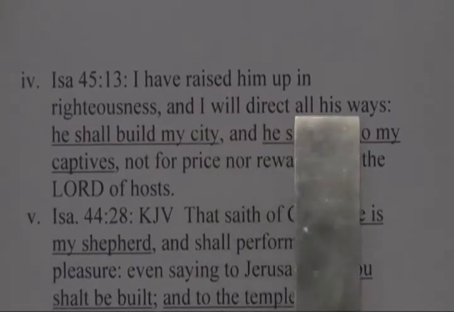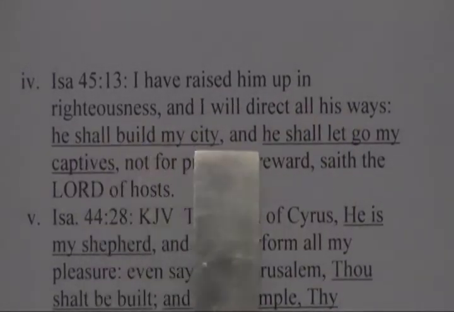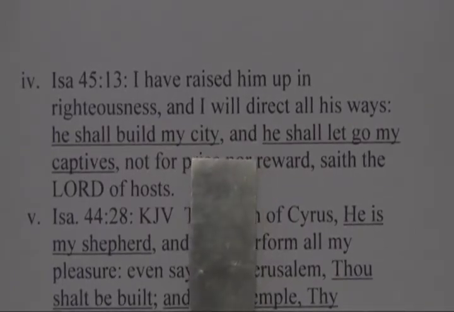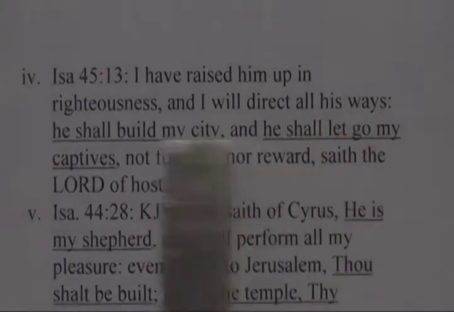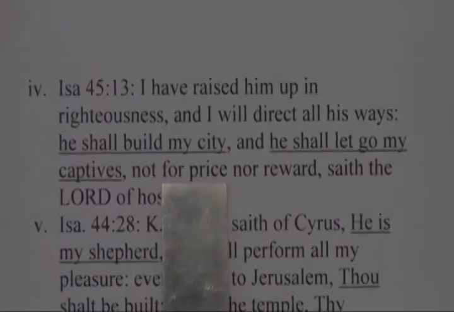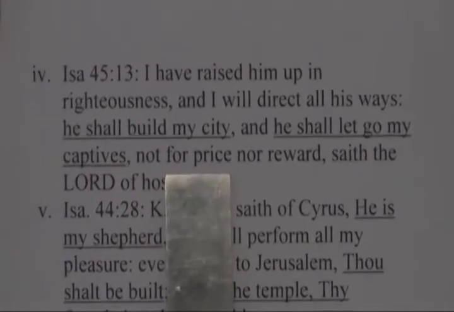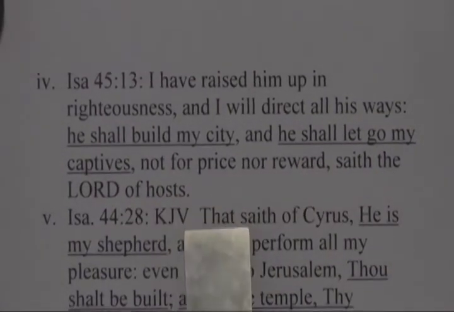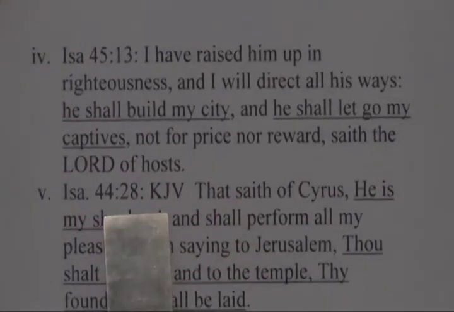I will direct all his ways. He shall build my city. Cyrus gave orders to build the city. And he shall let go my captives. He did that too. But also, the Mashiach to come will do these things, not for price nor reward, saith Yahweh of hosts.